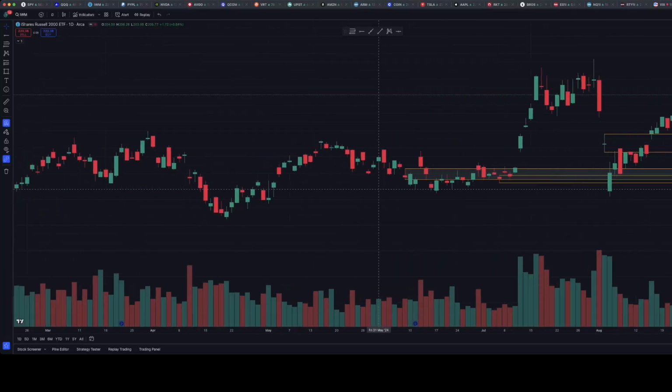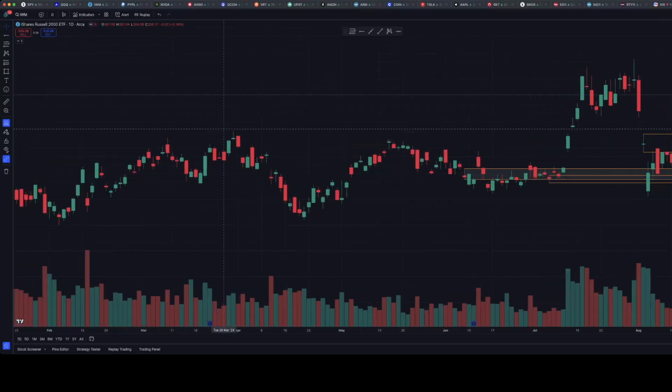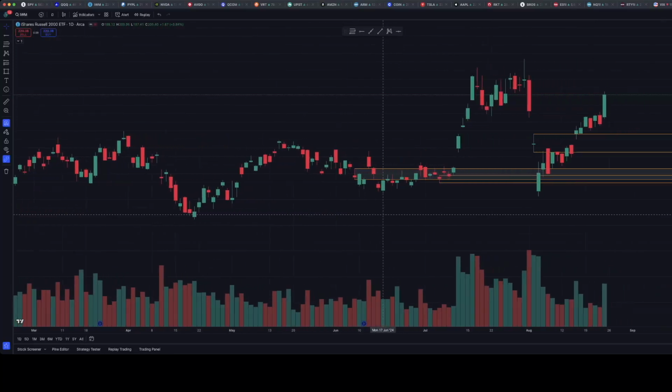Then you can go back and do every other NFP print from every previous month for the year, and you'll start to see all of these correlate somehow. And they'll always be retested. You have to think of that too. Here, everyone's like, oh my gosh, we're going to just rip forever probably. Nope, look at that. These gaps down are insane, but you can see in between these levels, it's hard to trade.